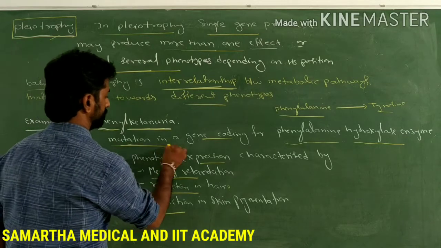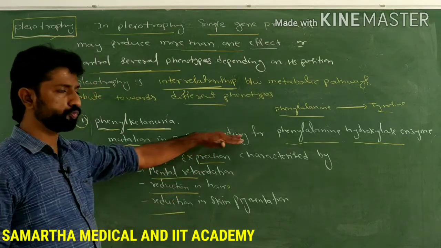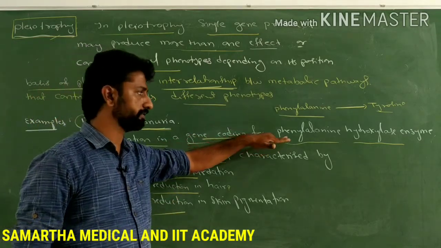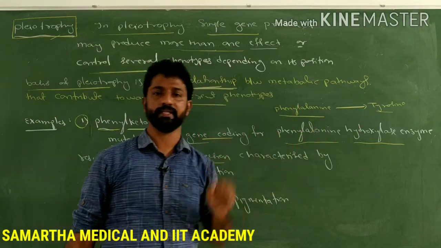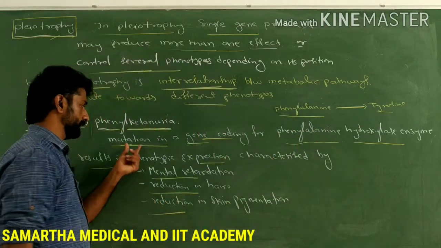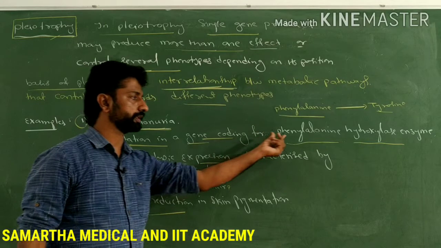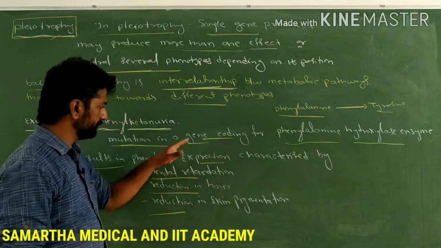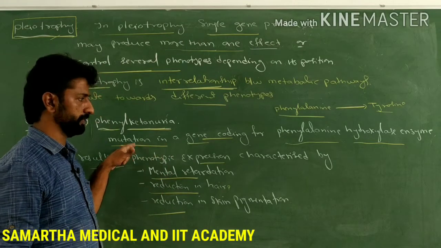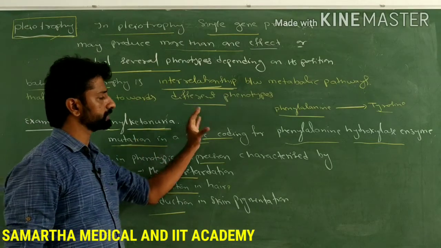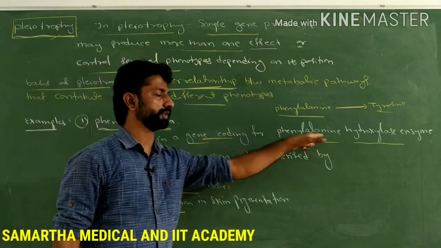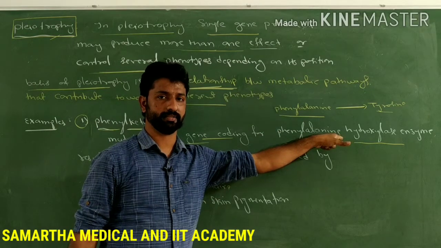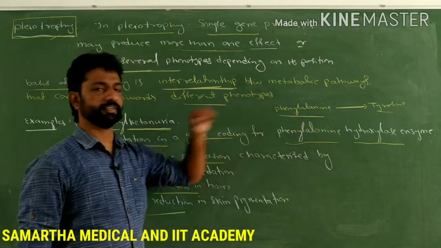There is a particular gene which codes for the synthesis of an enzyme called phenylalanine hydroxylase. When the gene is in normal condition, it codes for the synthesis of phenylalanine hydroxylase. What is the function of this enzyme?